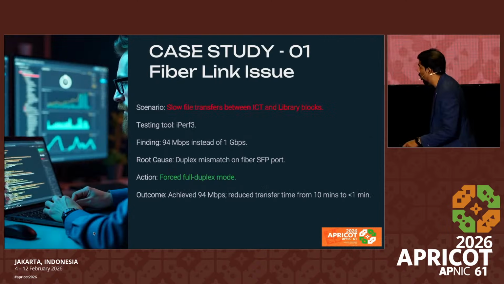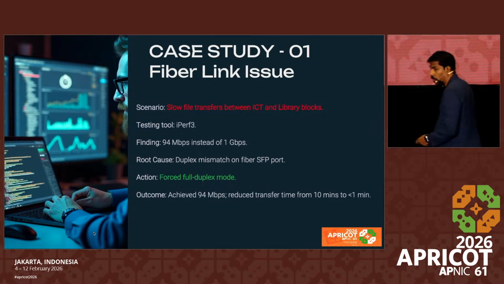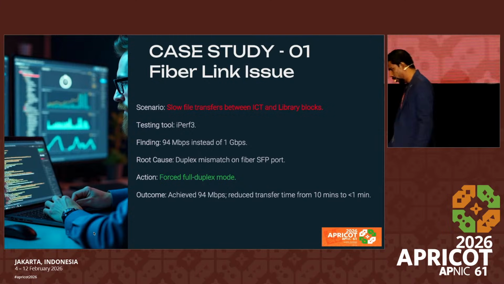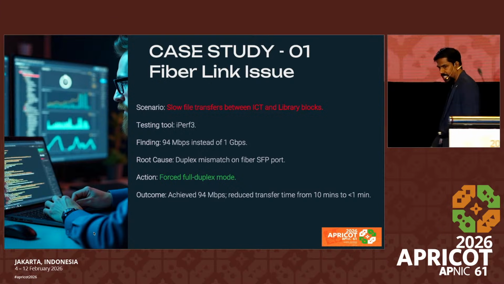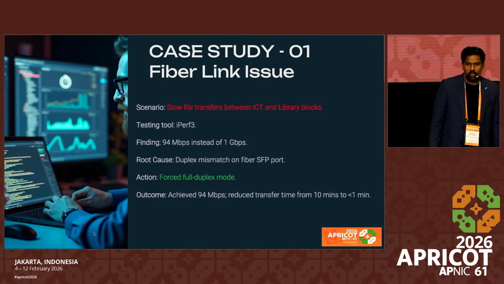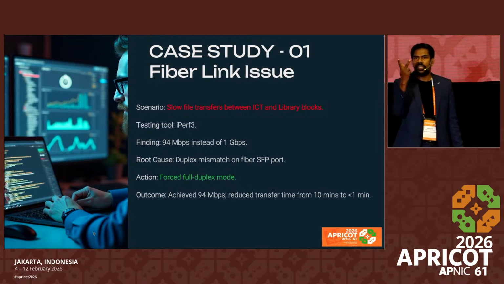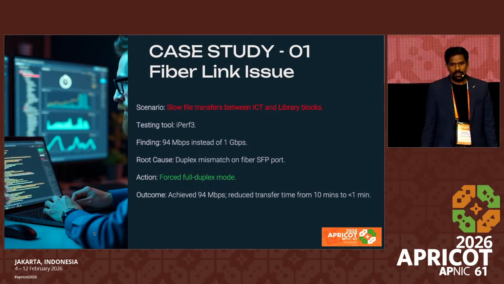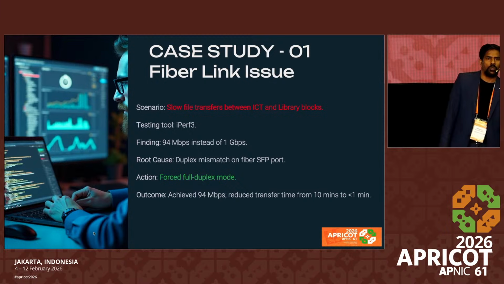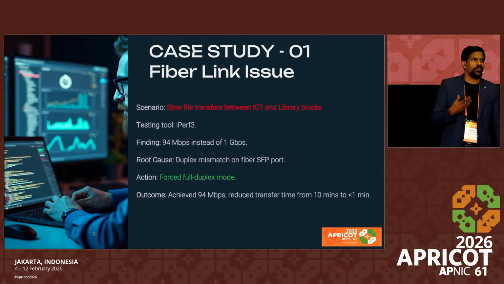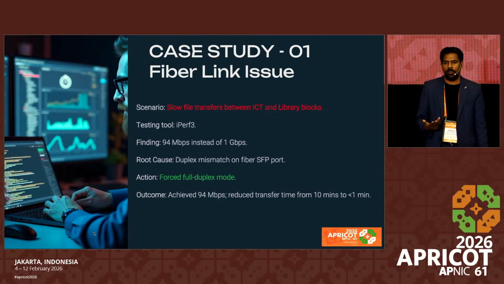Okay, so let me tell you more about this. We'll talk about case study number 1. The problem is slow file transfer between 2 different locations or 2 buildings. We used the iPerf3 tool for this case. The finding is we got 94 Mbps instead of 1 gig bandwidth.